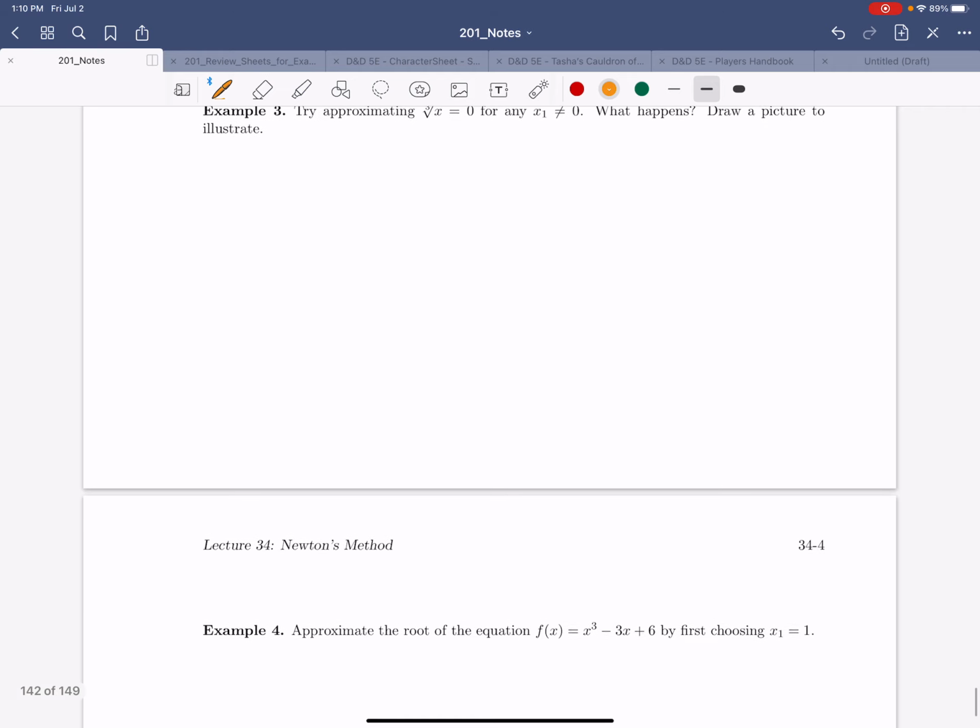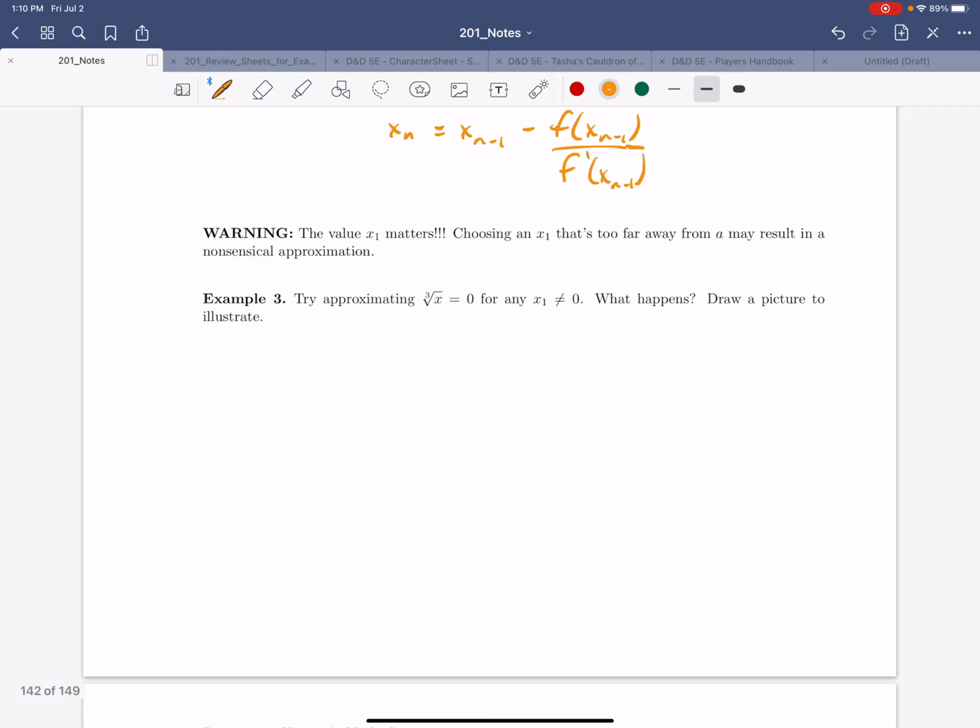One quick example here, the value of x1 matters, right? Consider this curve, cube root of x equals 0, for any x1 not equal to 0. Now, this is a little ridiculous, we know that the cube root of x equals 0 has solution 0. But if you try any value that's not 0, look what happens.